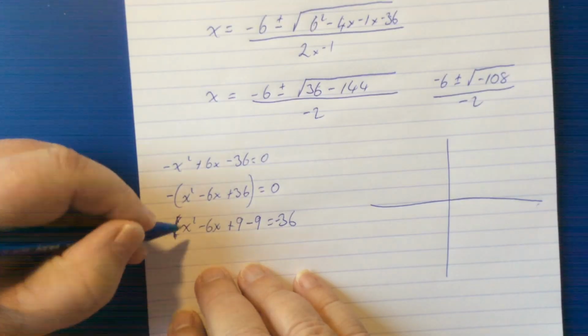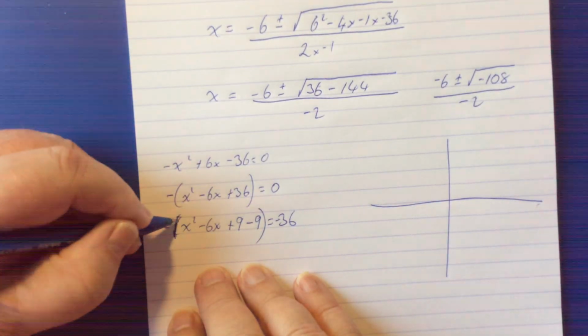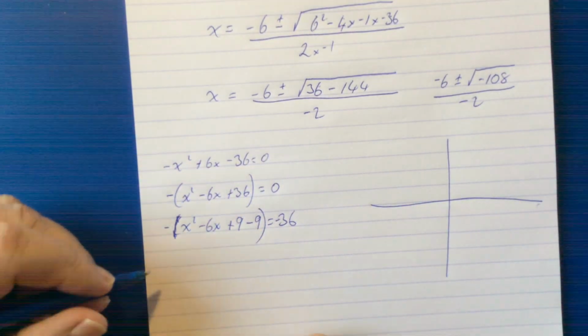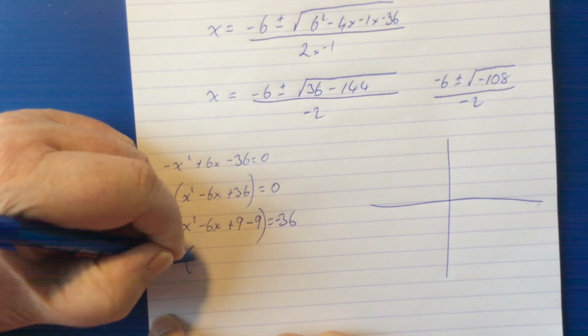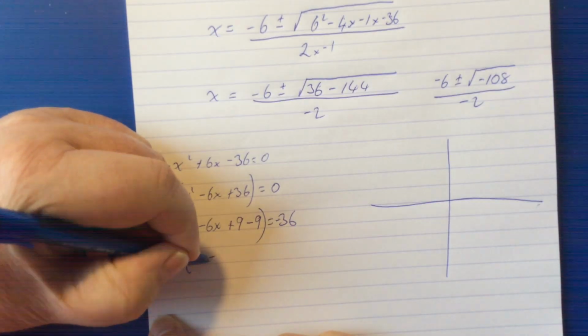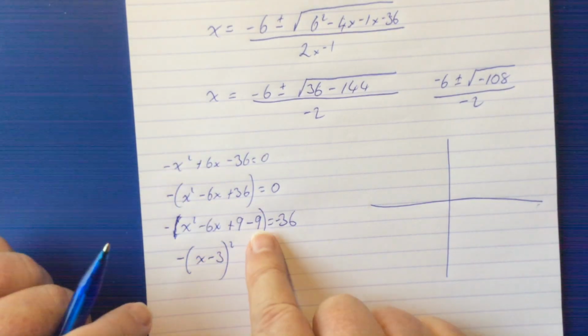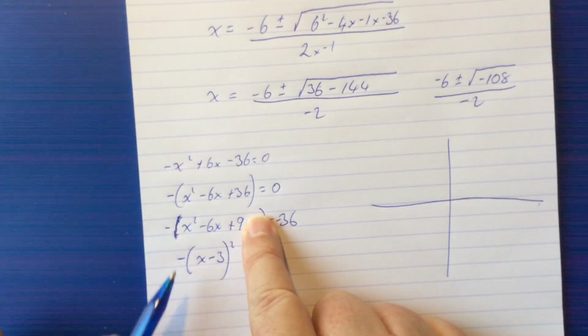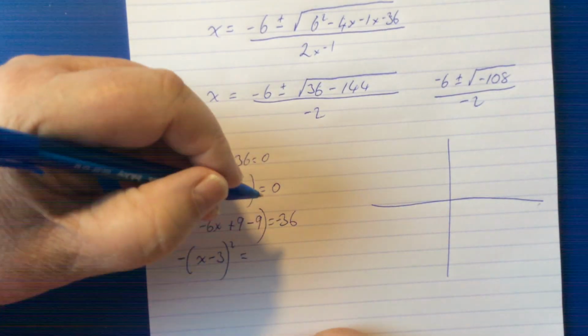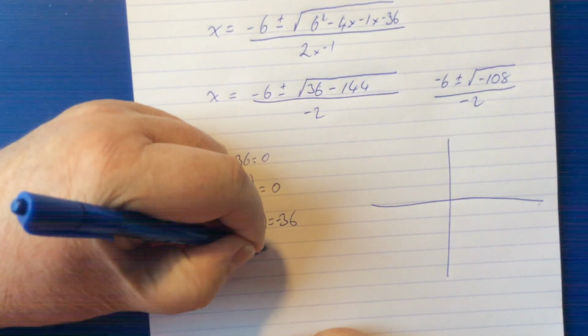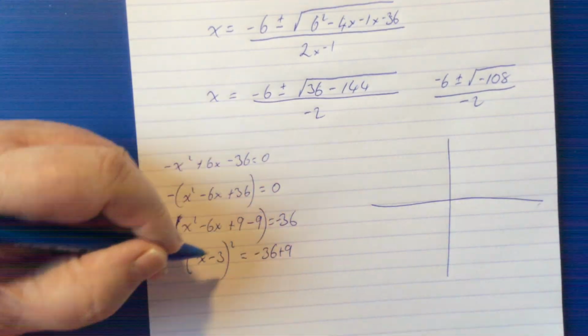Yes, I do. Apologies. That bracket stays. And what I get then is x minus 3 all squared, which would give me this. And that is equal to negative 36 plus 9.